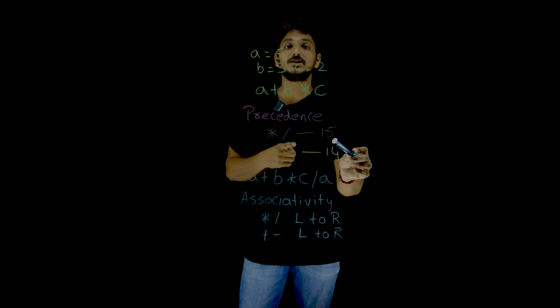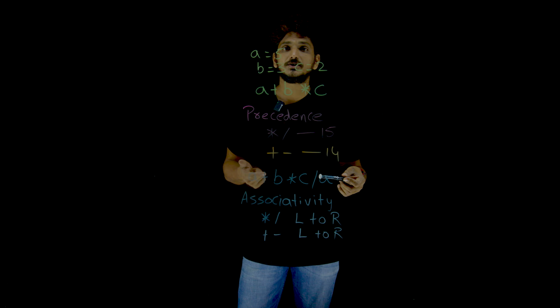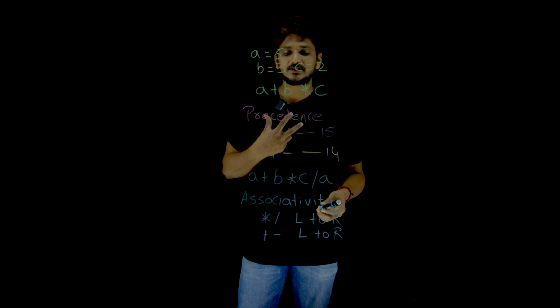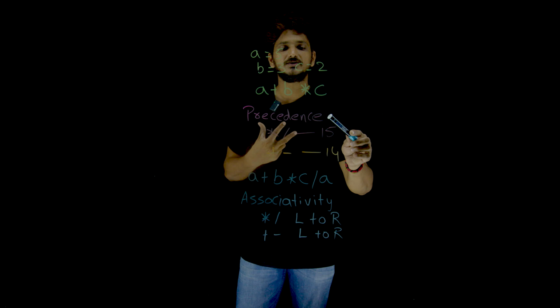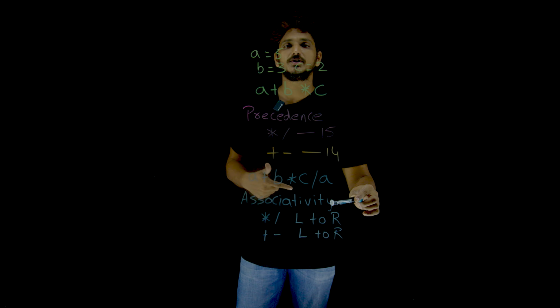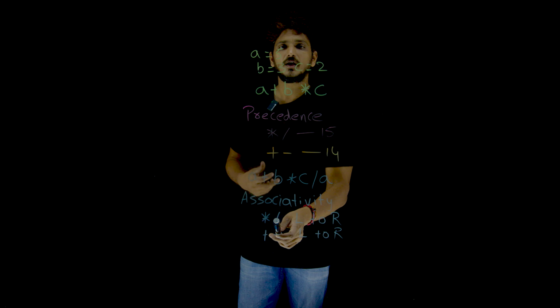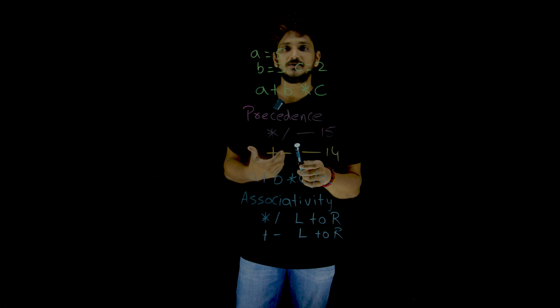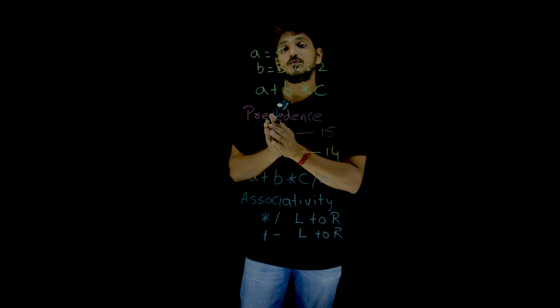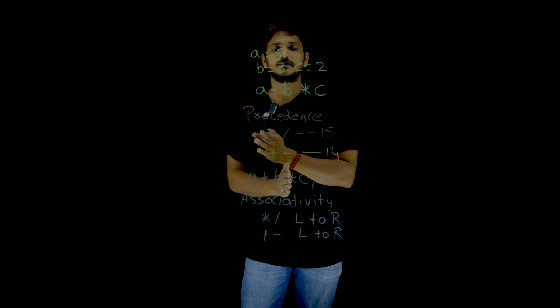Both have precedence 15. Then which one has to be evaluated first? If both the symbols have the same precedence, then check the associativity conditions. Associativity says, if they have the same precedence, in which direction we have to evaluate, from left to right or right to left.